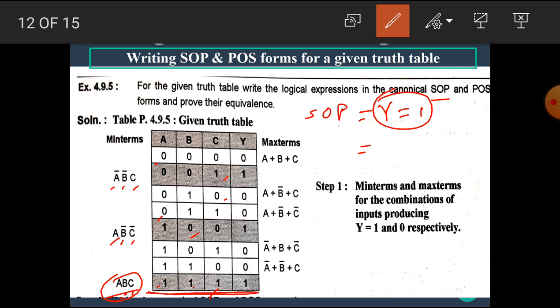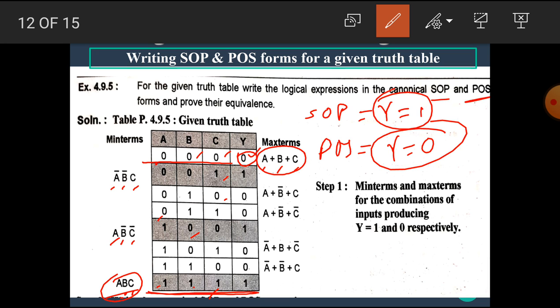Now we have to write the max terms for the POS equation, and for the POS equation we know that we have to find the max terms for y equal to 0. Here we get y equal to 0, hence we can write the max term for this combination: a equal to 0, hence we write here a, b equal to 0, hence we write here b, c equal to 0, hence we write here c.